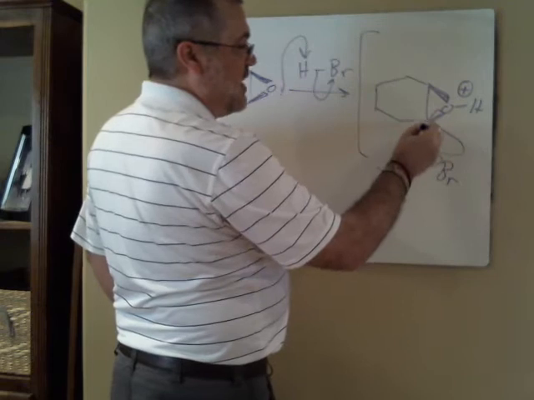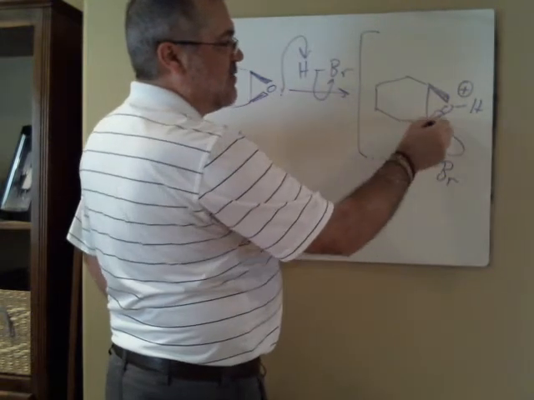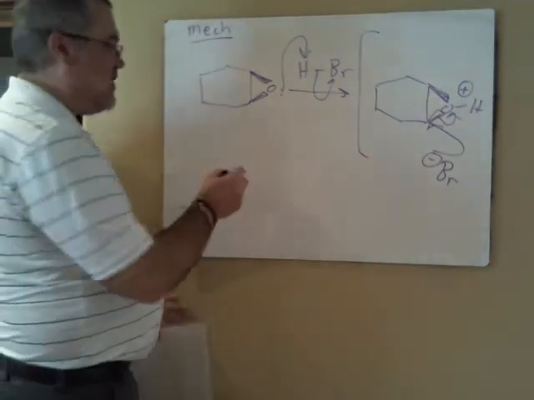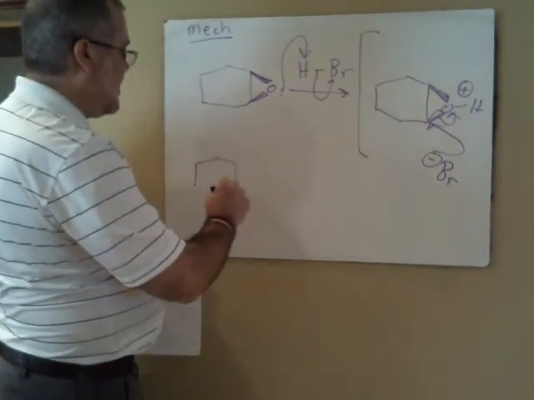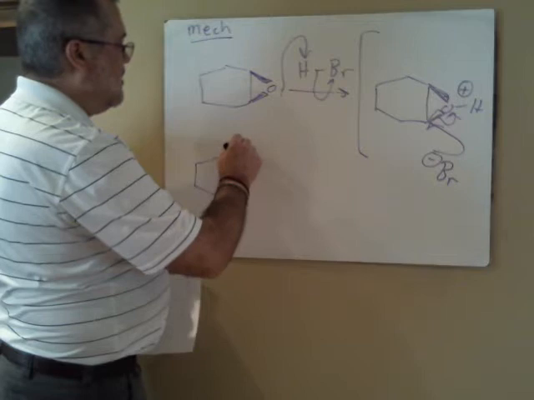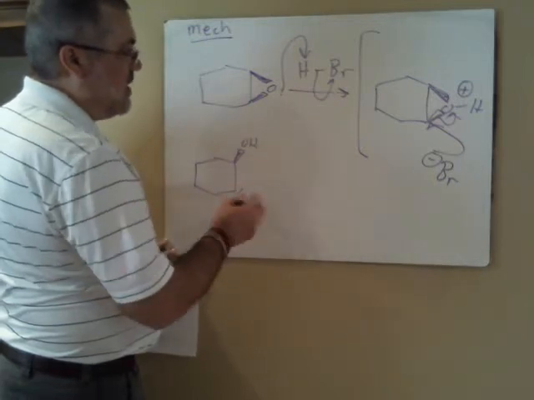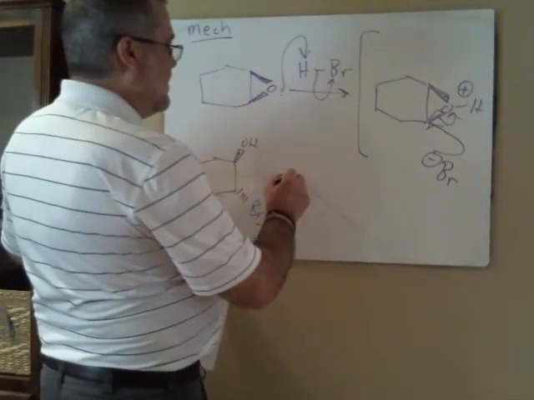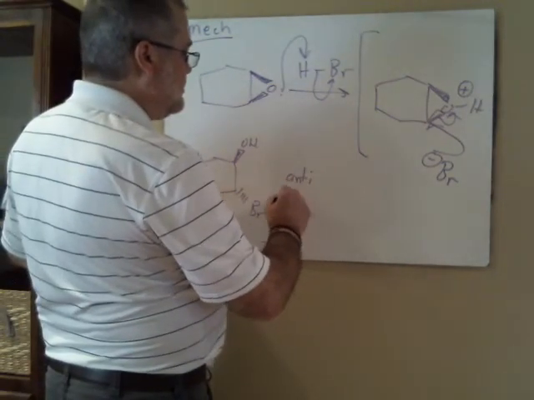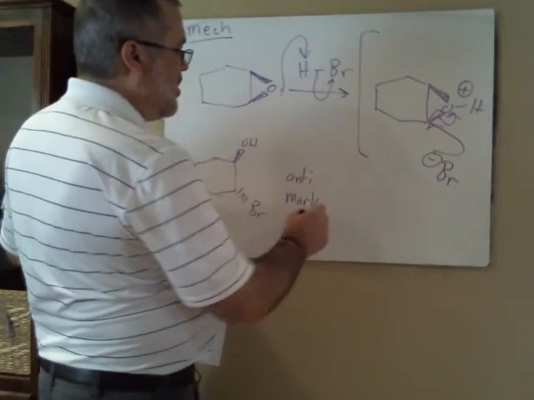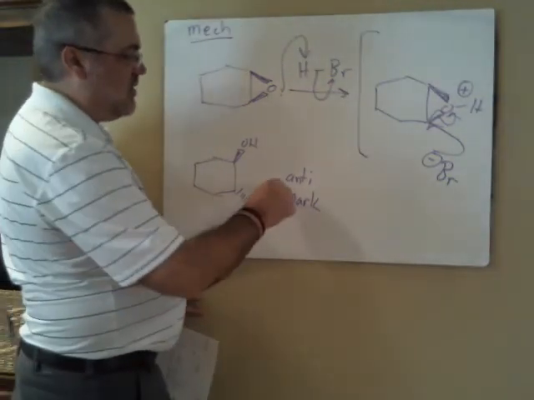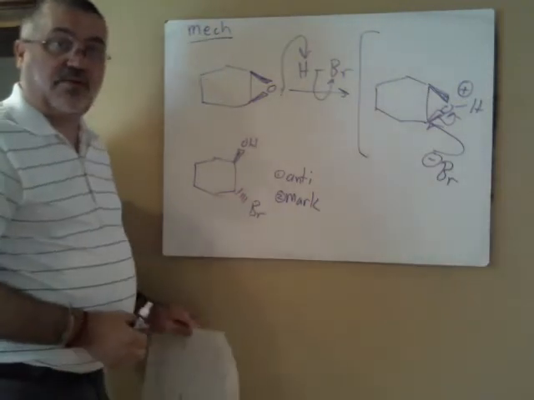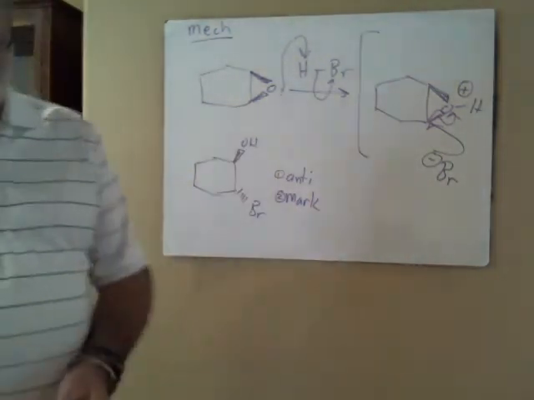It's a nucleophile that comes in and reacts at that electrophilic carbon, breaks open that bond, moving the electrons out to the oxygen, and I end up then forming the halohydrin. And notice that what we learned last semester is this was anti and Markovnikov. So anti in terms of stereo, Markovnikov in terms of regiochemistry. All right.